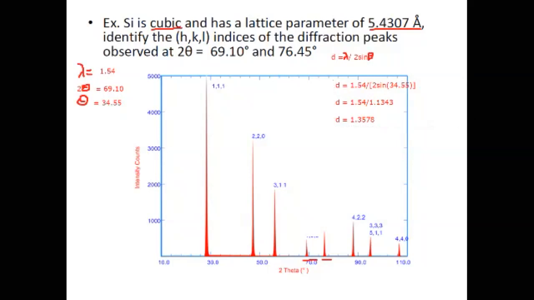Okay, so that's the d spacing when theta is 34.55. Now that we know the d spacing and we know the value of a, which is given to us, and again, d spacing is calculated in angstroms because the wavelength is in angstroms.